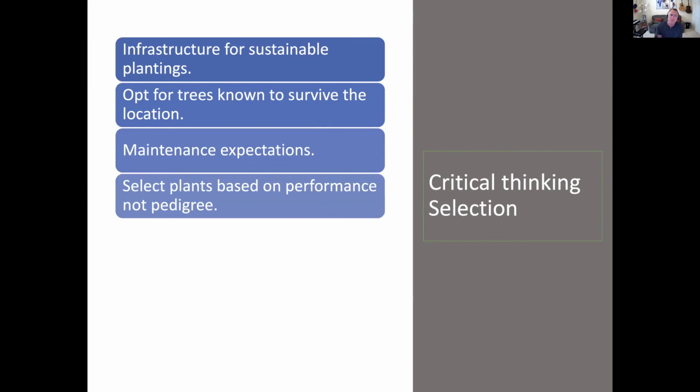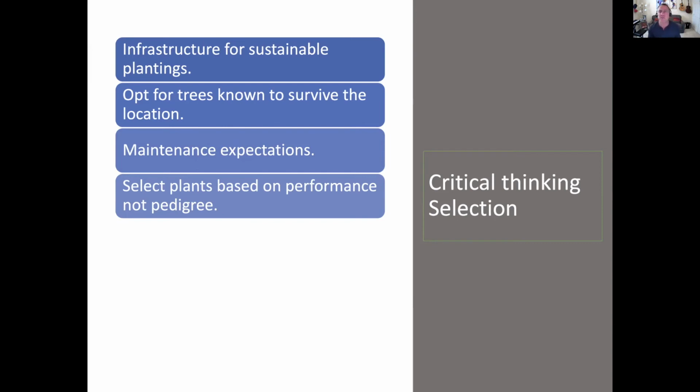And then, this kind of goes for opting for trees that are known to survive that location, is selecting plants based on performance in that location rather than its pedigree, or its aesthetic qualities, I should say.